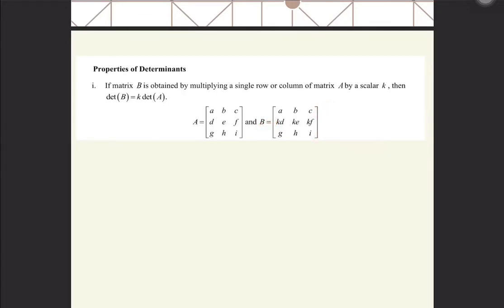Therefore, by using the property, you can get the determinant of matrix B by using K determinant of A.